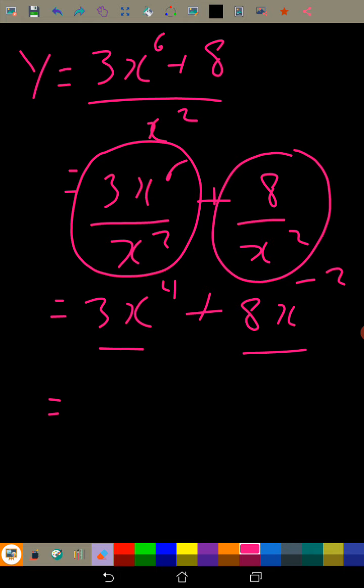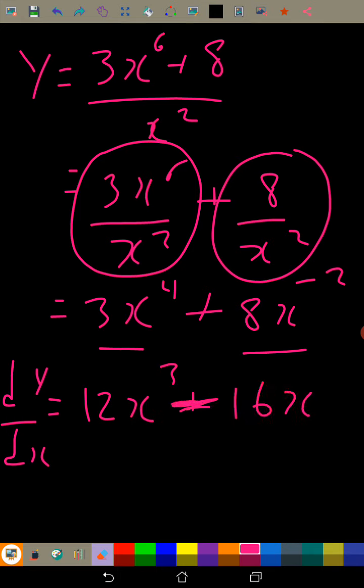So we just go term by term, first term, second term. So the dy by dx here is going to be 12x^3 plus, now it's going to be minus 16x^(-3). Later on we can rewrite this by putting the x down here. Alright, so this is simple.